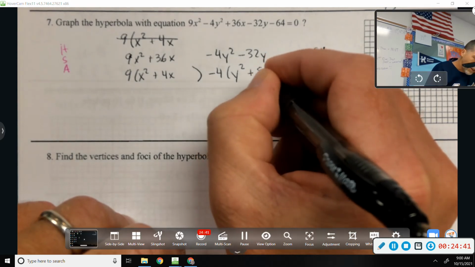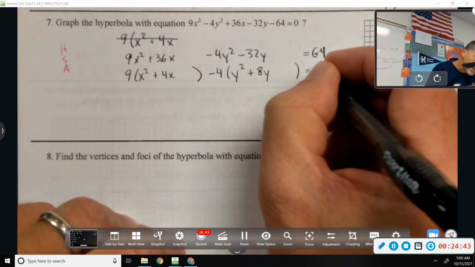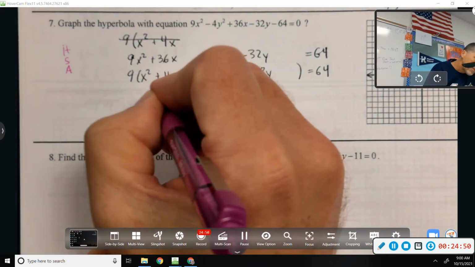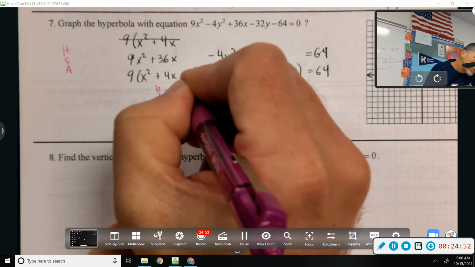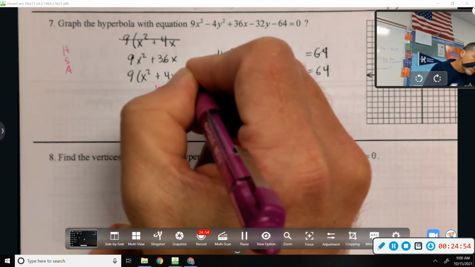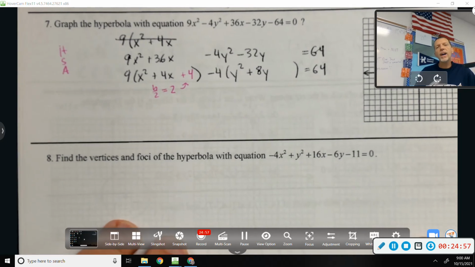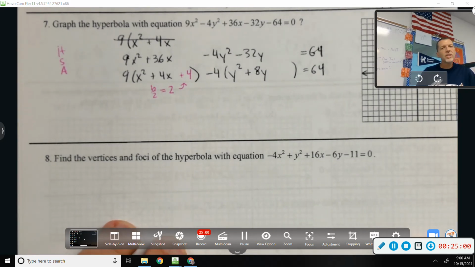So that would be a plus 8y. Half of 4 is 2. Square it, we get 4. Add it to both sides, but I wrote plus 4, but how much did I add to the left side?